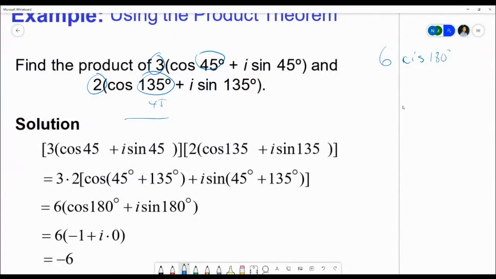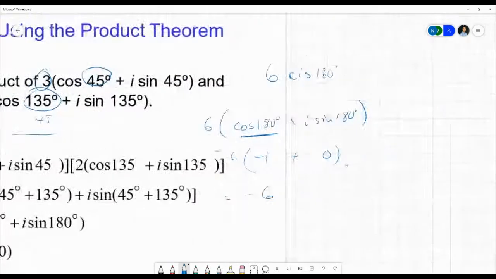We can evaluate that because it's 6 times cosine of 180 plus i sine of 180. This value we can evaluate exactly to -1 and 0. Then distribute, add them together, and we get -6.